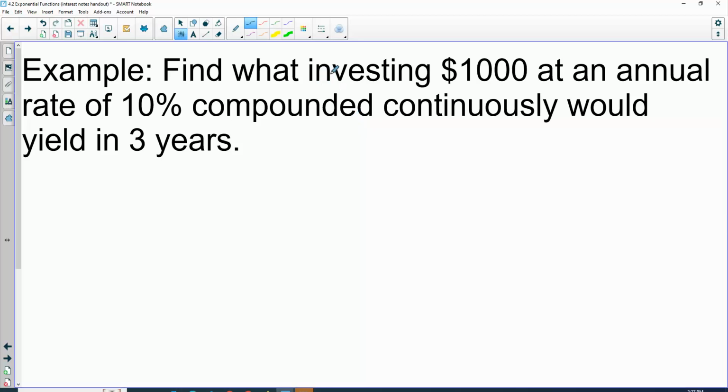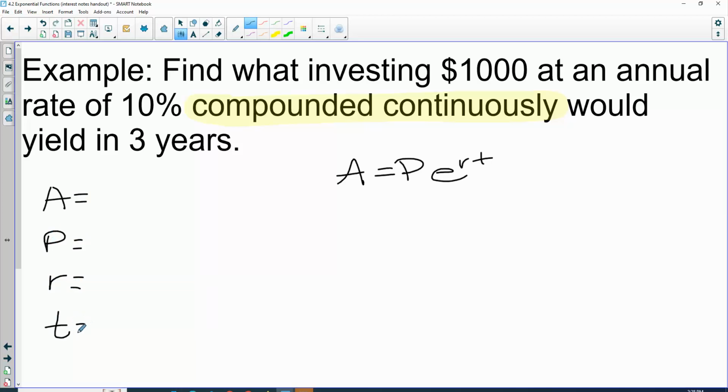Find what investing $1,000 at an annual rate of 10% compounded continuously yields in 3 years. When I see continuously, what does that tell me? Yeah, you use the other equation. In this equation we have A, P, R, and T. What would 1,000 represent?